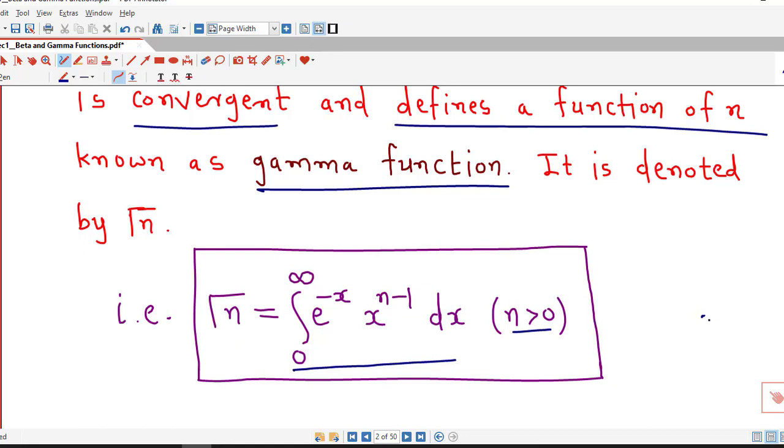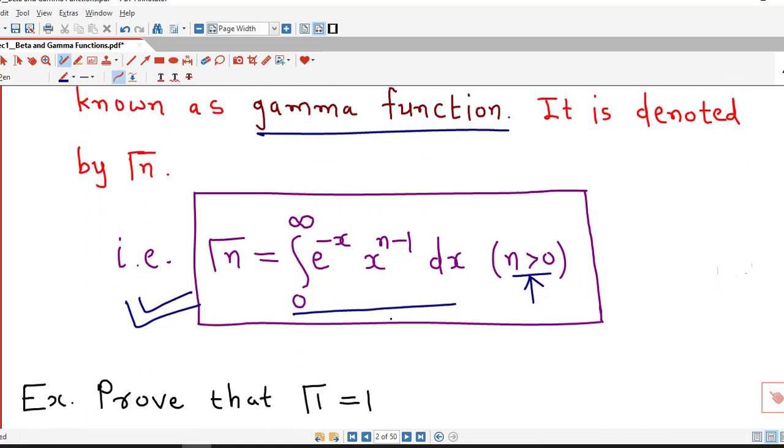We can extend this definition to negative real numbers also, but that is out of scope of our course. So we will remember this formula: gamma n is given by the integral from 0 to infinity of e raised to minus x times x raised to n minus 1 dx.